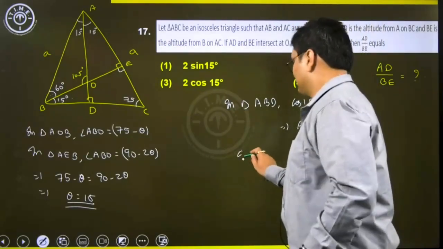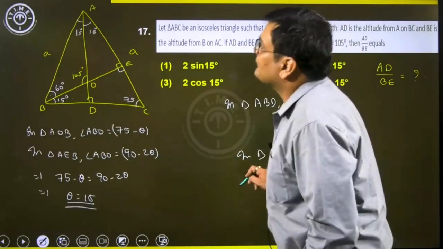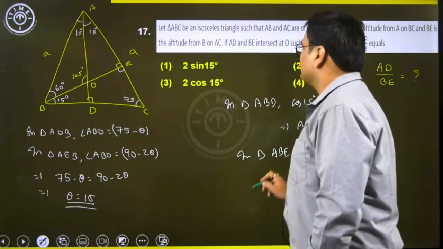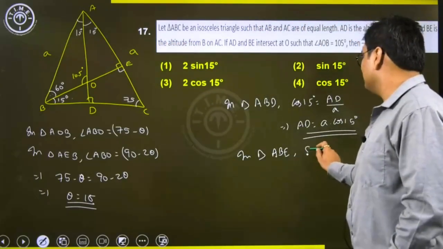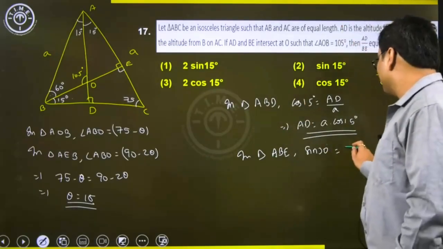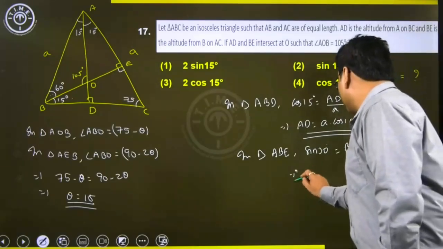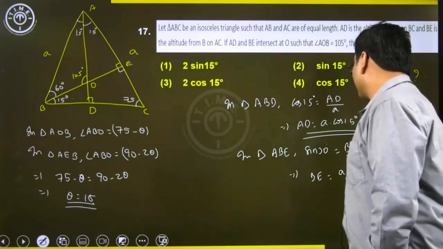In triangle ABE, sine 30 will be equal to BE by A again. So, when you cross multiply, you will get BE as A into sin 30, which is A by 2.